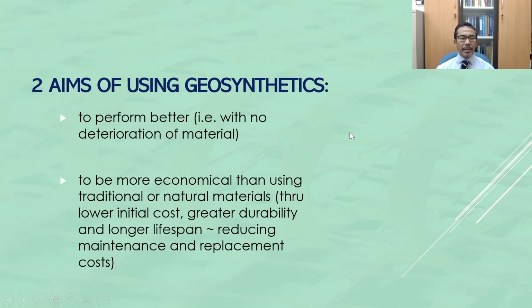The second is that we would anticipate that using geosynthetic material will be more economical than using traditional or natural materials, due to the initial cost maybe, or the maintenance costs, and then due to the lifespan or durability. So those are the 2 aims of using geosynthetics: one, to perform better, and second, in terms of cost, to be more economical than using other materials.